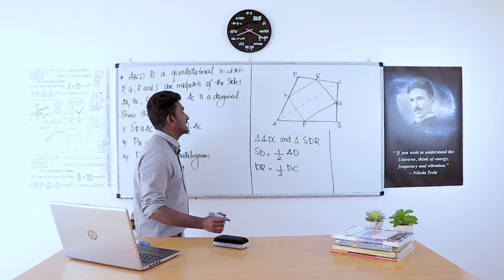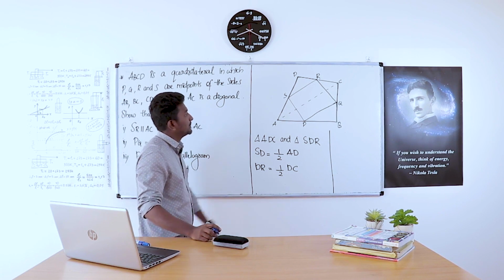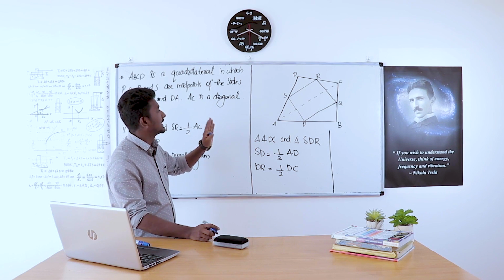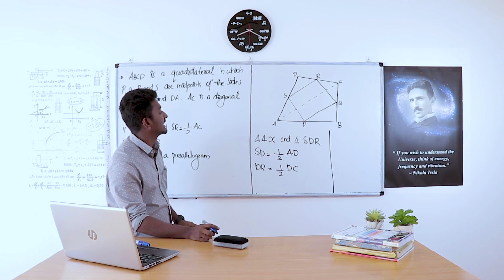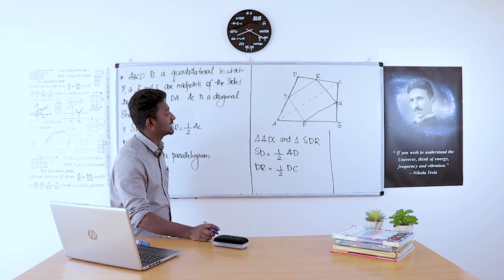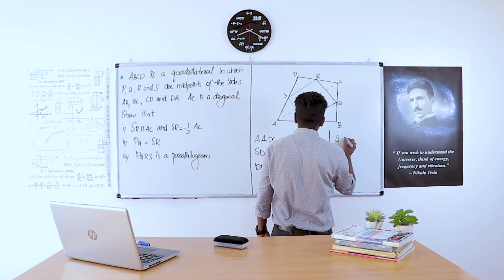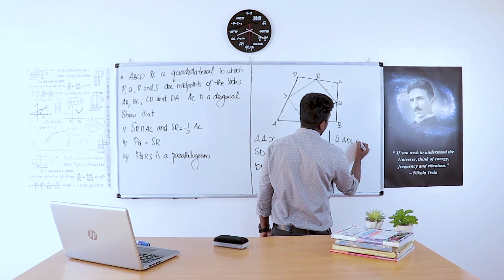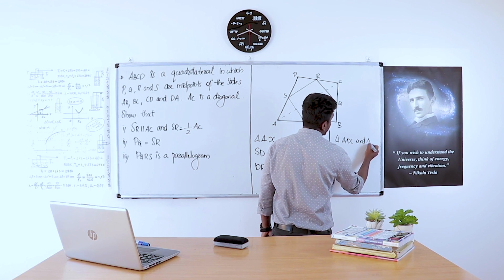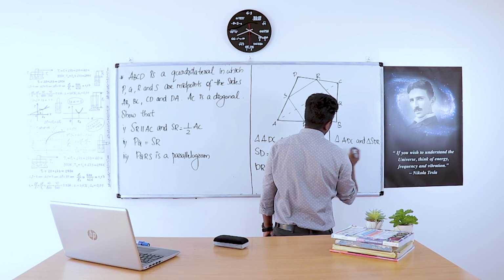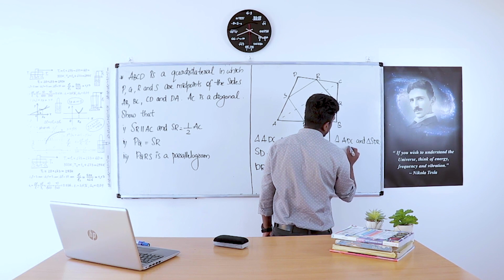Now, what is the third side? From this, it is clear that triangle ADC and triangle SDR are similar triangles.